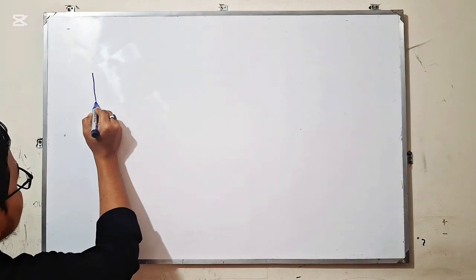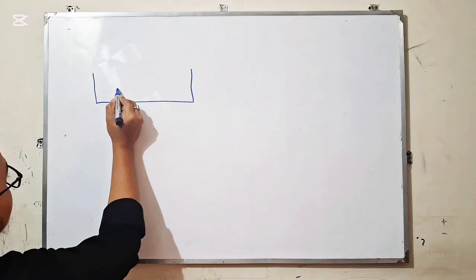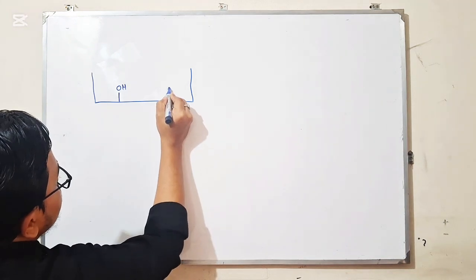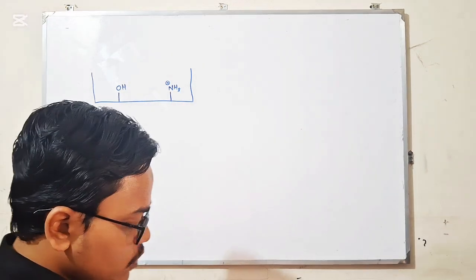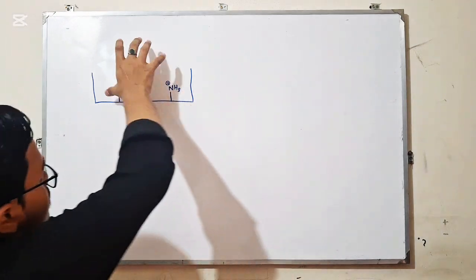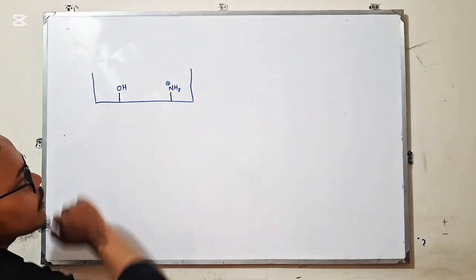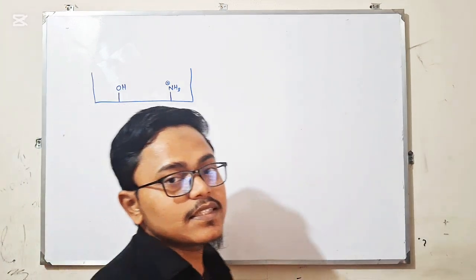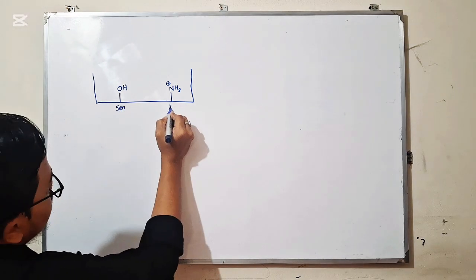Let's take this as a transpeptidase enzyme, and this is the active site of the transpeptidase enzyme. In this active site they have the serine and lysine residues. This is serine and this is lysine.